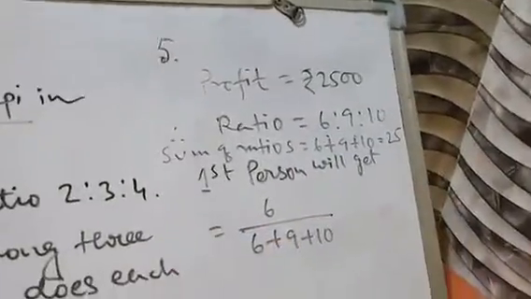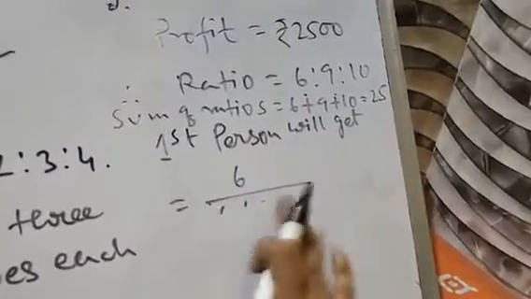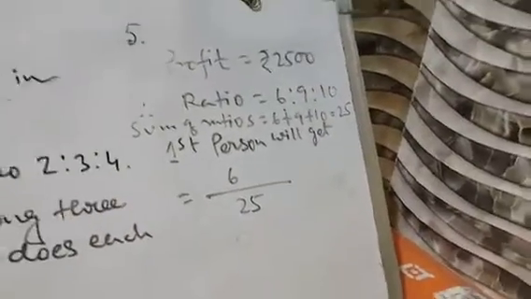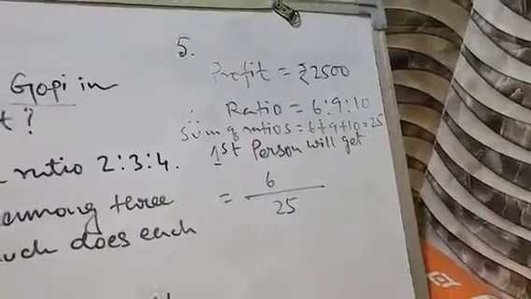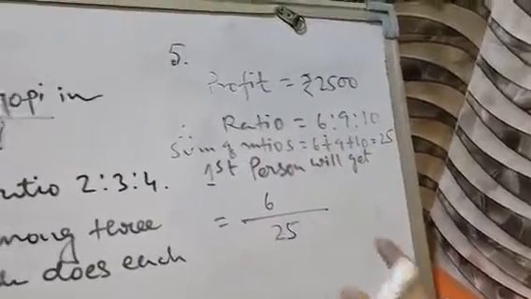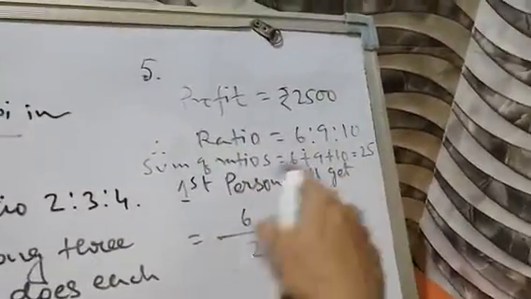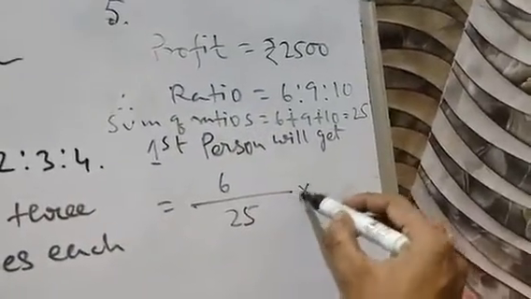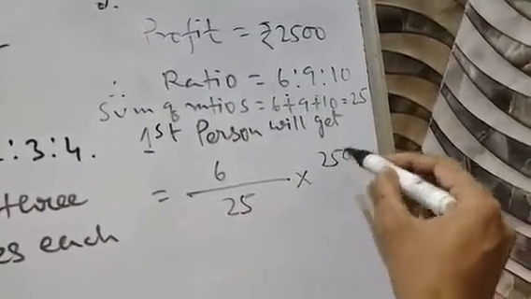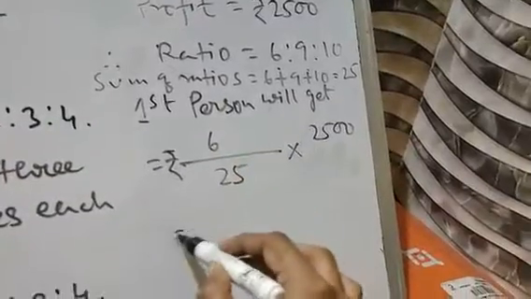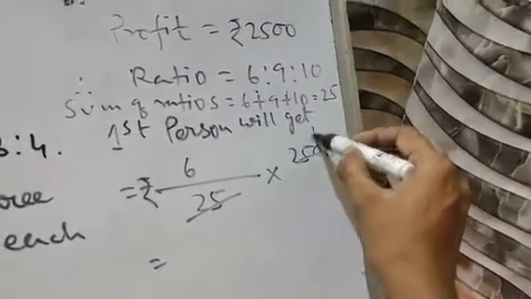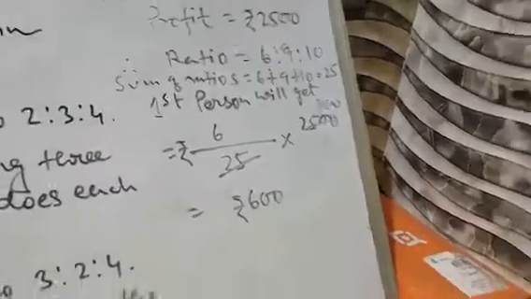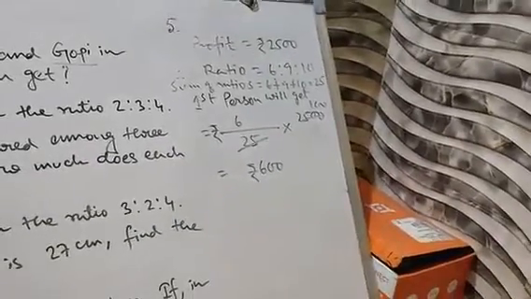If you write sum of ratios here, don't write 6 plus 9 plus 10, directly write 25, because you have already added the ratios. Just put this in the denominator, into profit 2500, therefore reduce, the first person will receive 600 rupees.